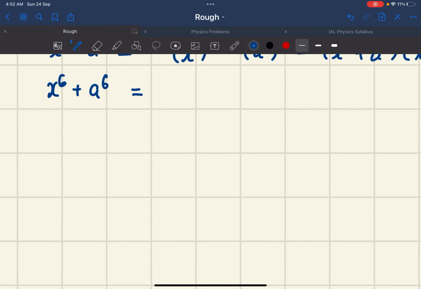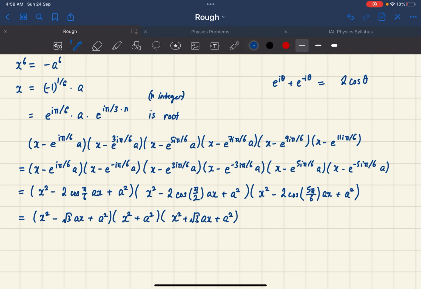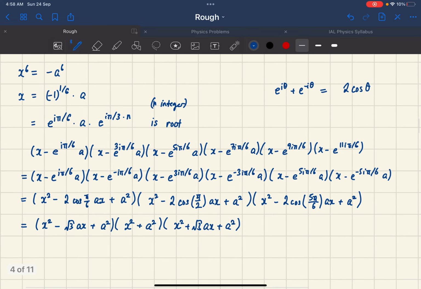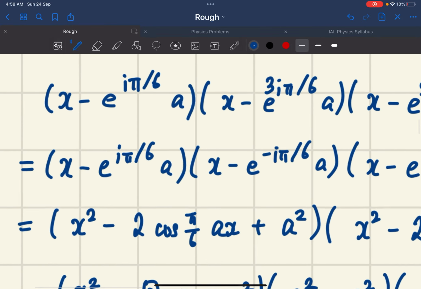Now where's my working? So this one is going to be just, we try to find its roots. Doing the heavy maths, we get this. Now I just want to point out it's probably more convenient to write it like this.